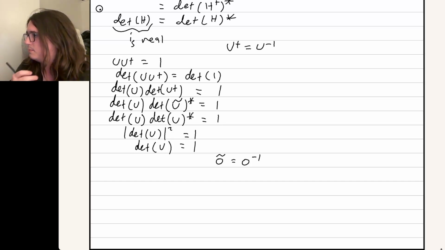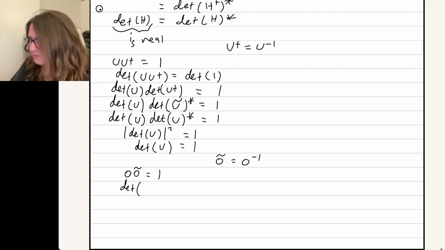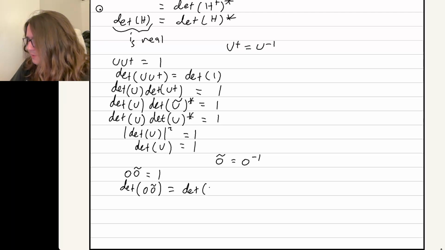And so this is going to be a pretty similar sort of deal. We know that O O transpose will be equal to the identity matrix, so that the determinant of O O transpose is equal to the determinant of the identity matrix. So the determinant of O times the determinant of O transpose is equal to 1.